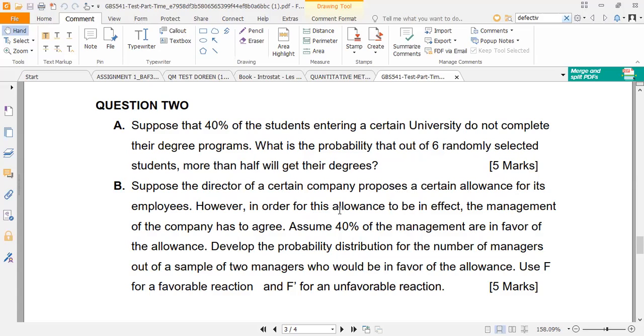However, in order for this allowance to be in effect, management of a company has to agree. Assume that 40% of management are in favor of the allowance. Develop a probability distribution for the number of managers out of a sample of 2 who would be in favor of the allowance. Use F for favorable and F complement for the unfavorable.